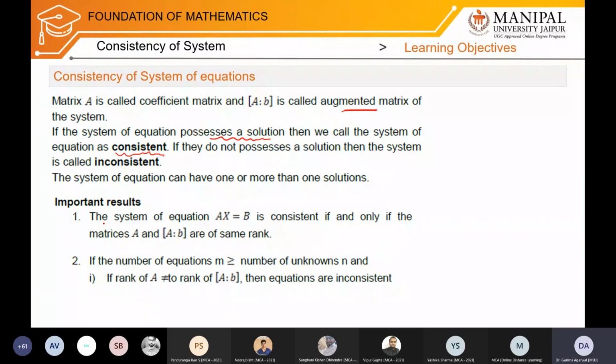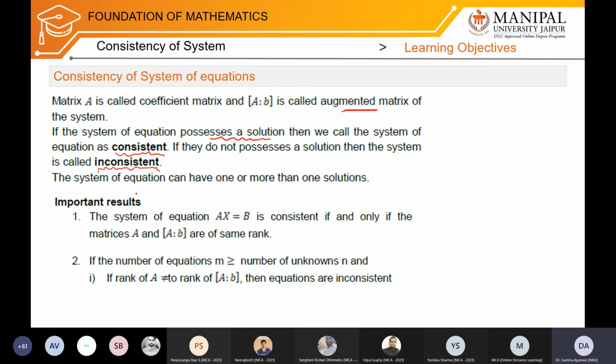If any solution exists for the given system of equations, then it is known as consistent system. Otherwise, it is known as inconsistent system. Clear? Now, how we can find the solutions? How we can say that it is consistent?